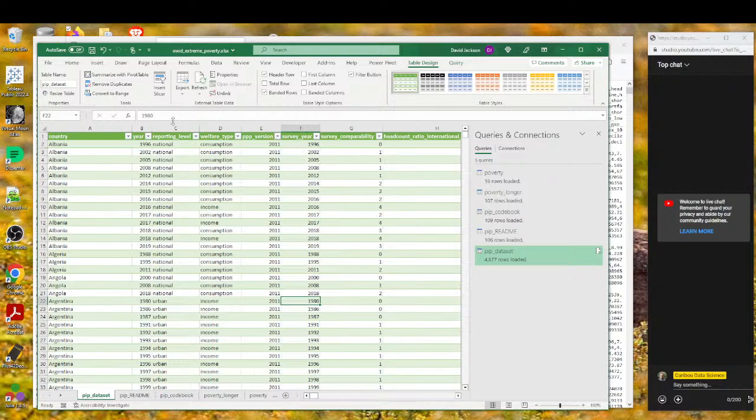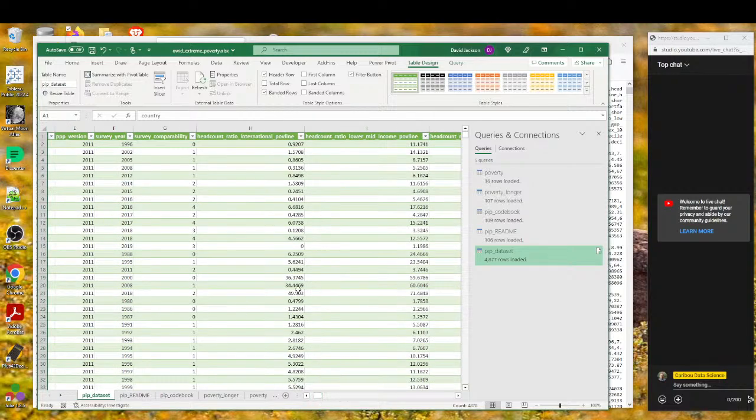So how many rows do we have? 4,878 rows. Surveys, survey, average, head count ratio, individual poverty line.